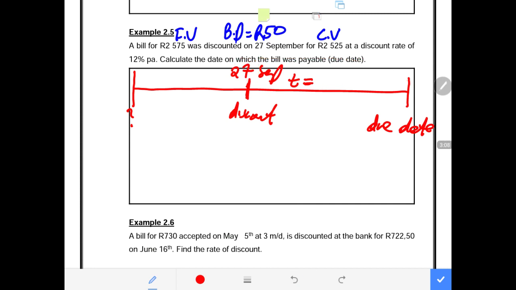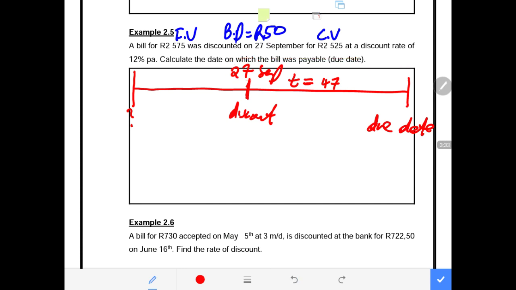Now if we get our T as 47, we need to calculate 47 days from the 27th, and the 47th day will be the due date of the bill at that given month. Remember, we're counting the days based on the number of months, because we know that this is September, then it will be October, November, December, January, February, whatever the days are.